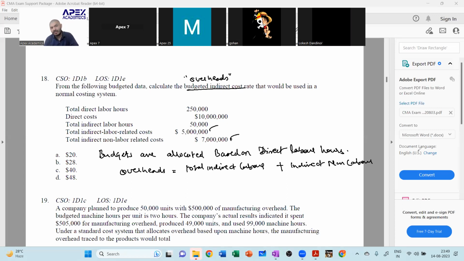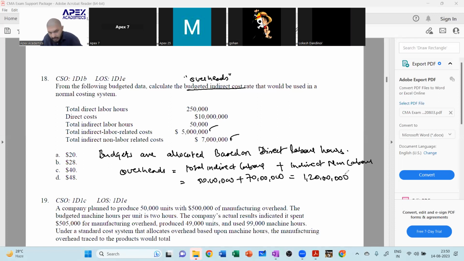Anything which is not related to labor but is an overhead can come over here. So we are looking at 50 lakhs plus 70 lakhs, which is 1 crore and 20 lakhs.